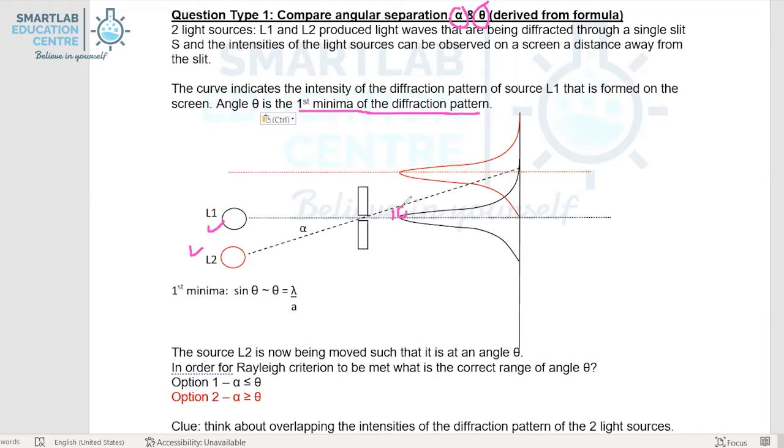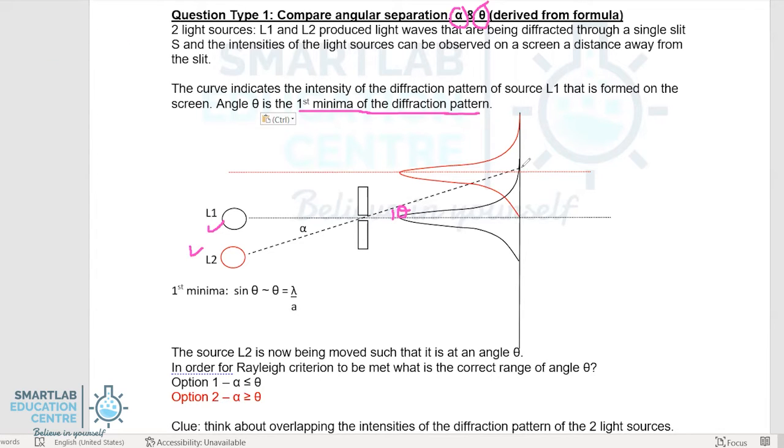So theta in this case is this, and from theta itself, we can determine the first minima. In these questions, for source L1, the intensity of the diffraction pattern is based on this graph that is drawn, and certainly this is the position of the first minima.